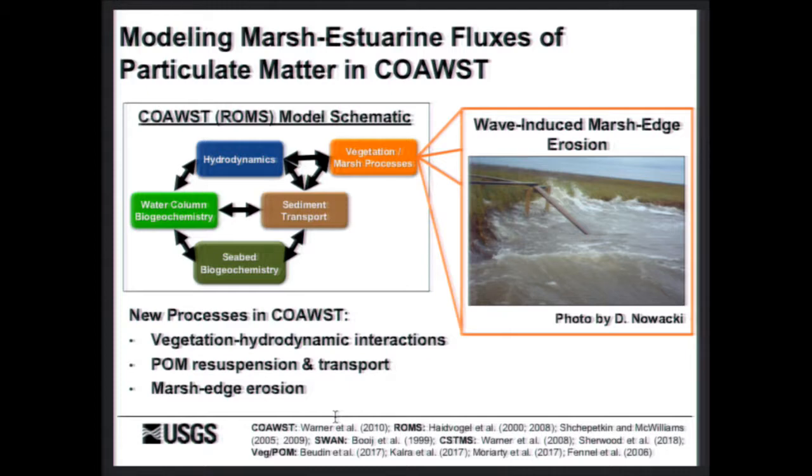ROMS is the regional scale hydrodynamic model that a few of the speakers used yesterday. The reason we chose COAWST and ROMS in particular is because it's an open source, widely used model by the community. It has the biogeochemical and sediment transport processes in it, and we've been adding vegetation hydrodynamic interactions, as well as now marsh edge erosion. That's just this process you see here where waves are eroding the edge of the marsh.